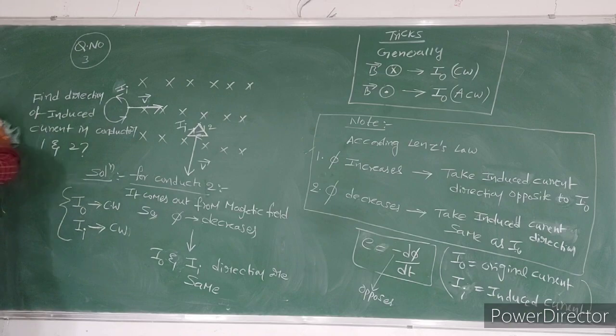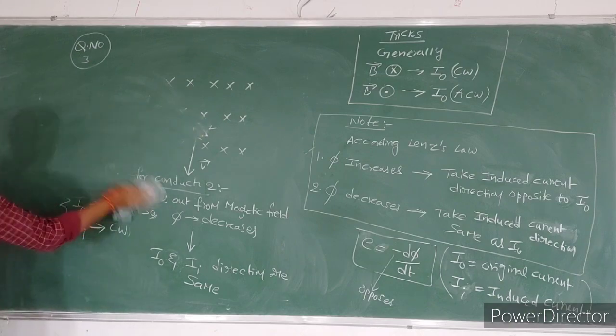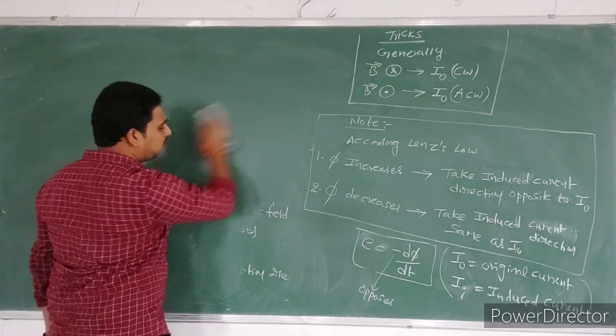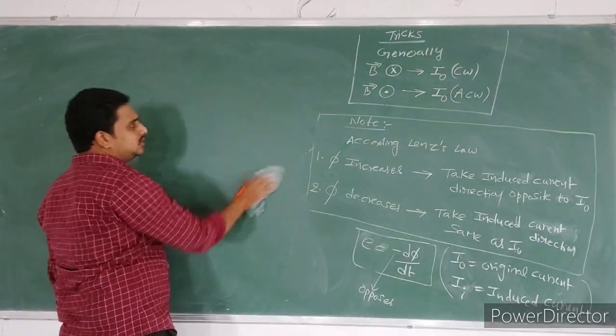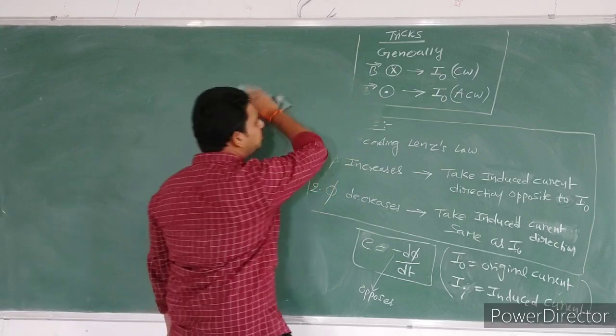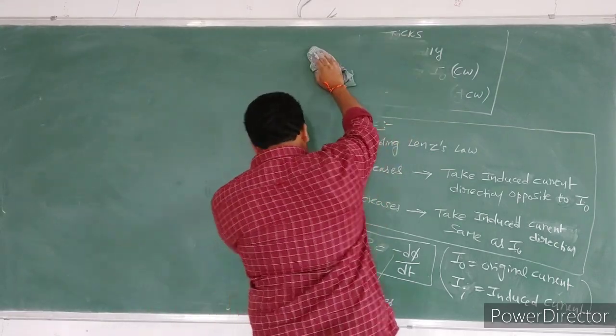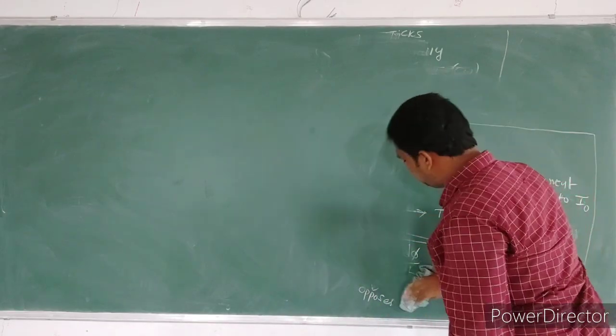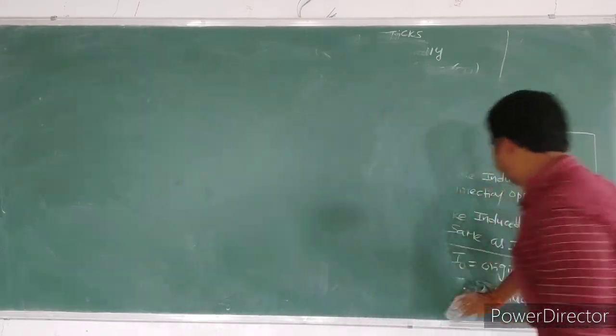Right, next we'll discuss a new concept. So this is the overall concept related to finding the direction of induced current. If you know these two key points, then we can find the answer to any question based on this concept.